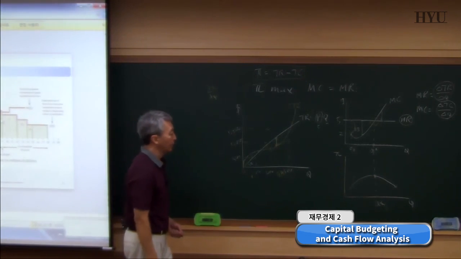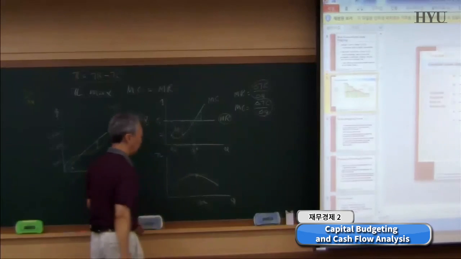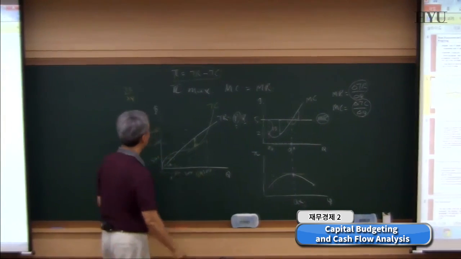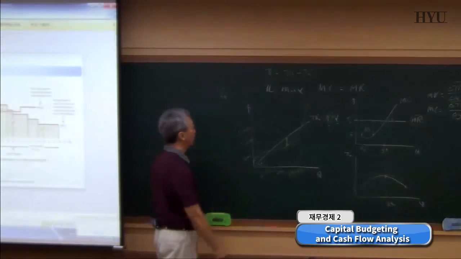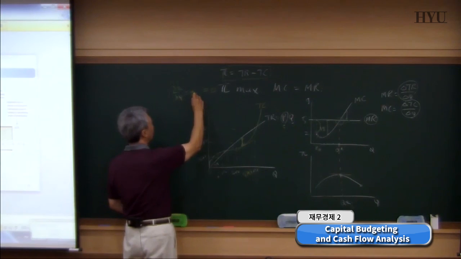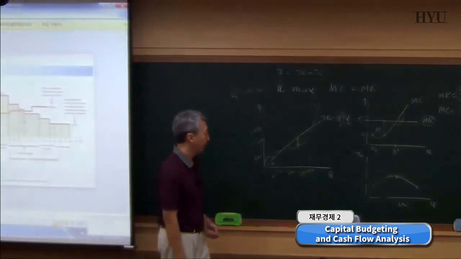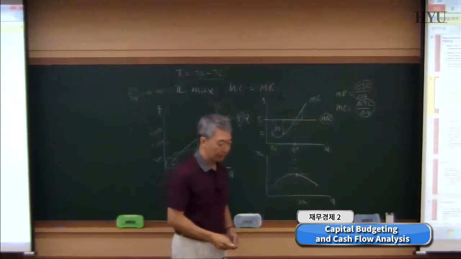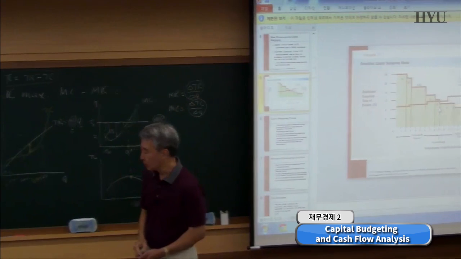We know that when the profit is maximized, the slope is 0, right? So when does it become 0? That's when the marginal revenue equals marginal cost according to that equation. So what that means is when the profit is maximized, the curve and the line are parallel. Okay? So that's the idea.